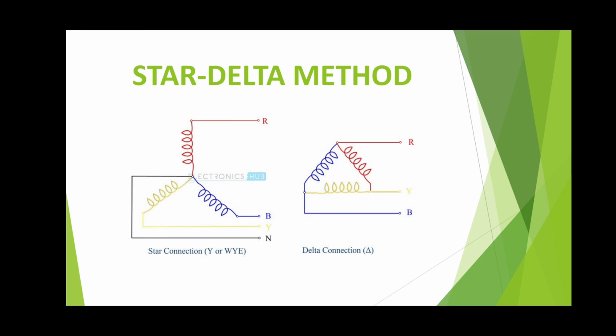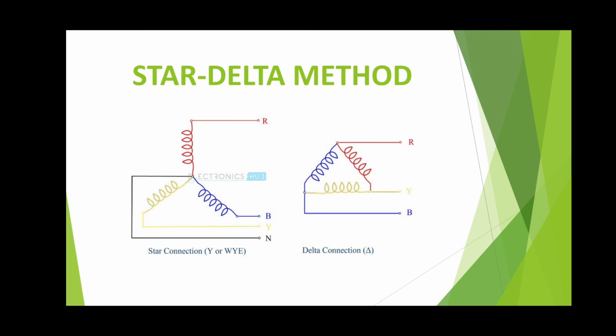The supply voltage is applied across each winding. 6 connections are taken from the motor winding in this type of starting. Here we can see the diagram of both the star connection and the delta connection.